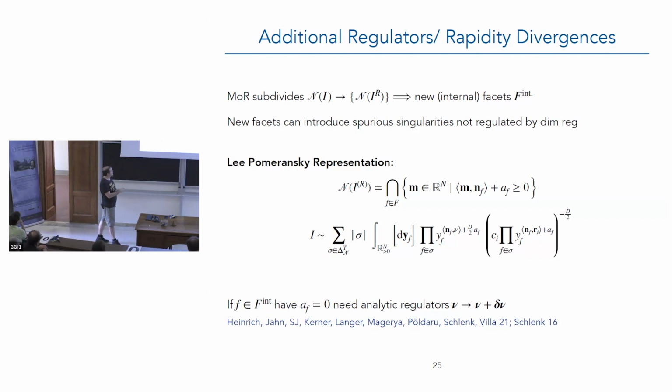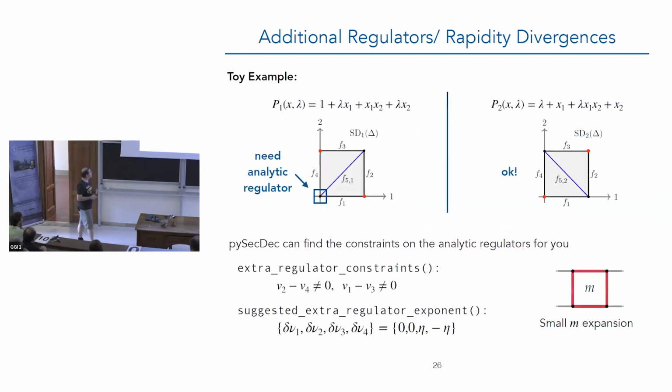And so this gives you a procedure for knowing when you need analytic regulators, or in other words, when you need to modify the powers of your propagators by a small delta or add a small eta to it that will act as a regulator. So this is just a geometrical method of seeing when you need to do that. Just a simple example of how this works. If you have a polynomial like this, you draw its Newton polytope.